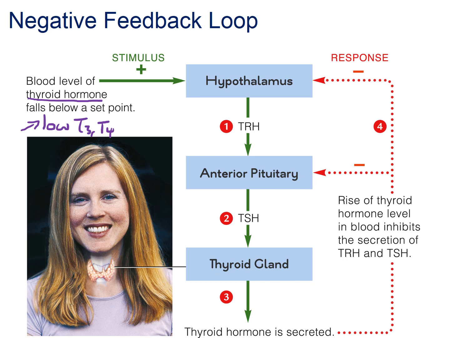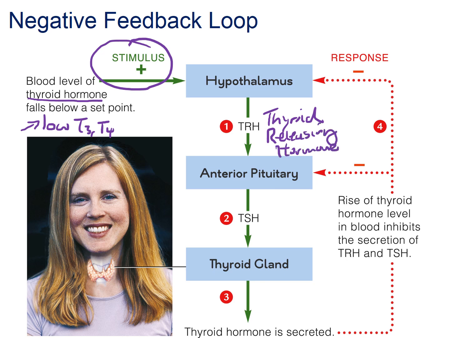So low T3, T4, low metabolism, will serve as a stimulation for the hypothalamus to produce TRH, thyroid releasing hormone, which is nothing more than a permission for the anterior pituitary gland to release TSH, the thyroid stimulating hormone.